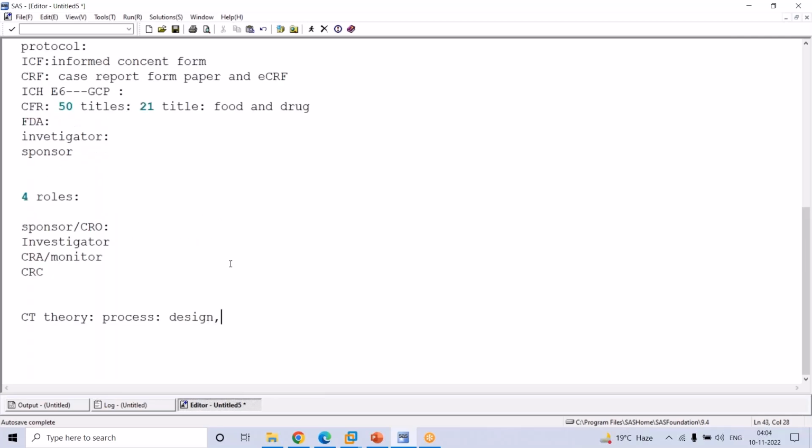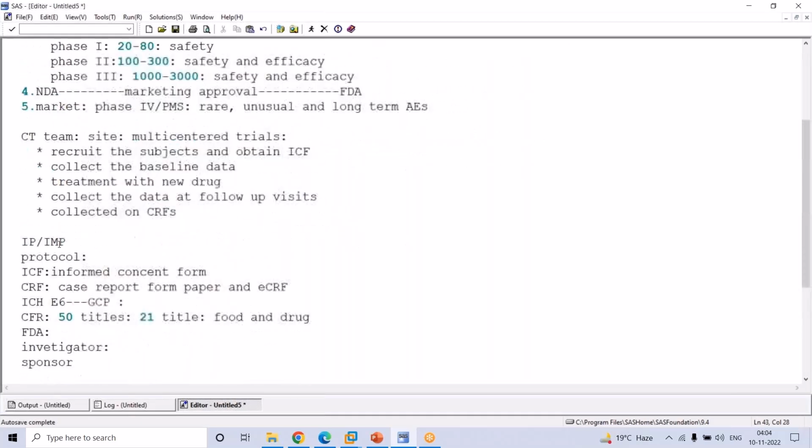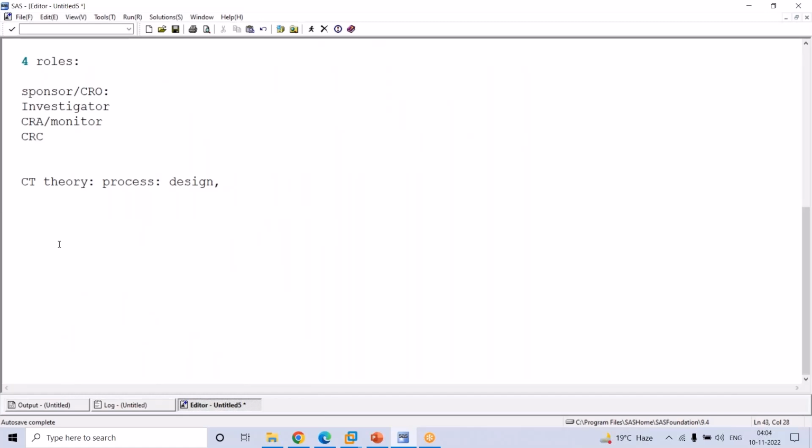That means the preclinical to marketing process, I'm going to explain again, but with examples in detail. We are going to discuss the complete clinical trial process, which will cover the phases, designs, and types.